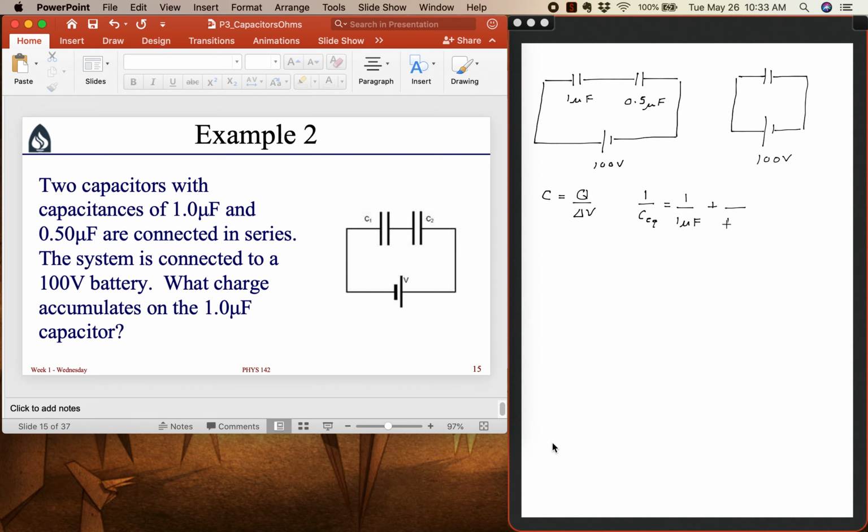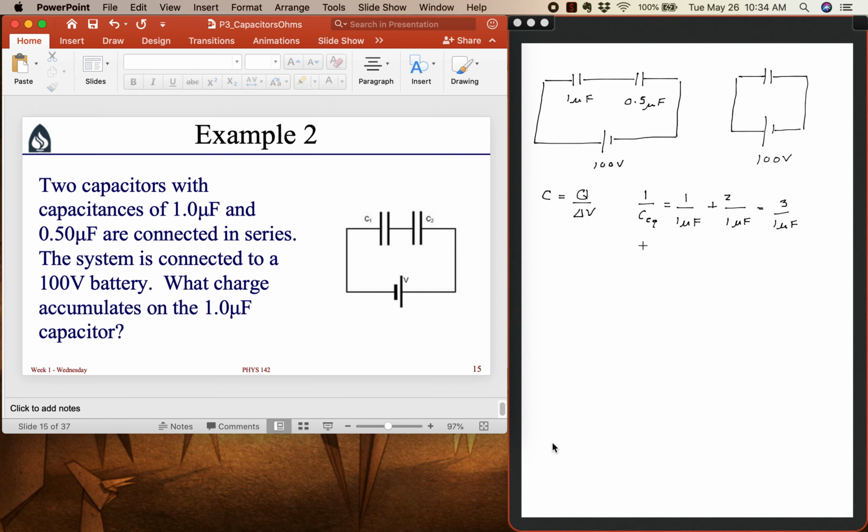So this is 1/2, and I'm writing it as a reciprocal, 1/2 of a microfarad. So if I add 1 microfarad plus 1 over 1/2, which is the same as 2, then I get a total of 3 over 1 microfarad. So I'm just adding these fractions together.